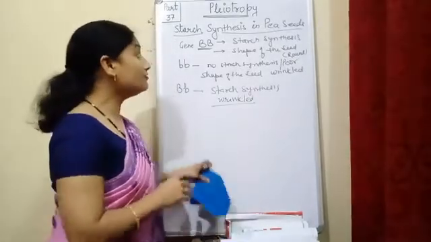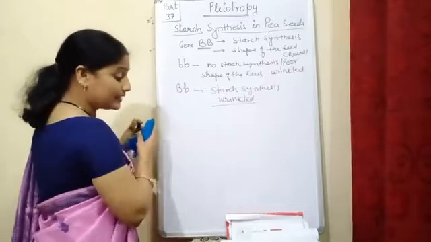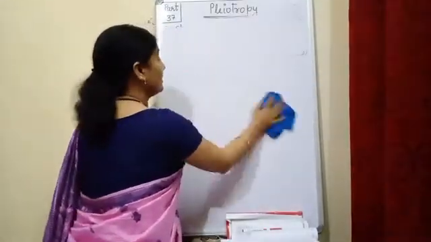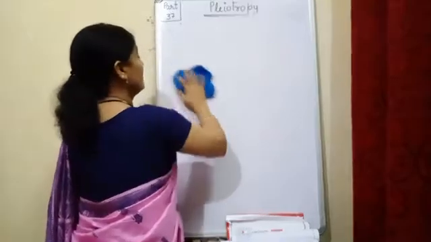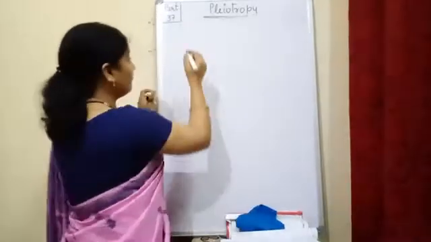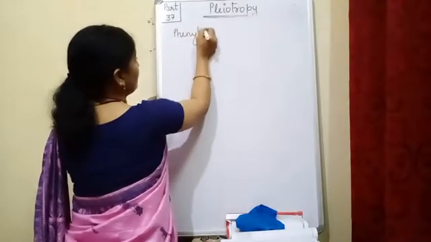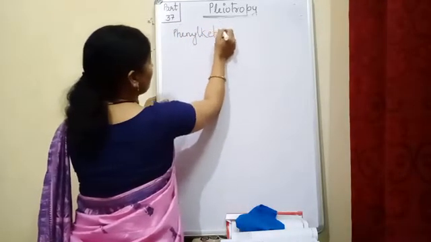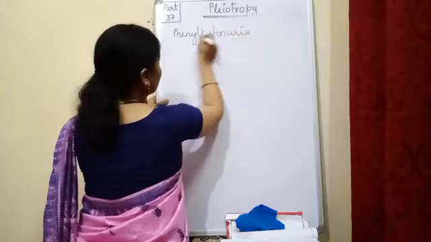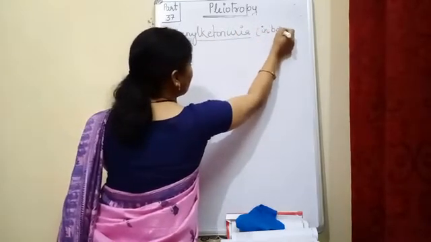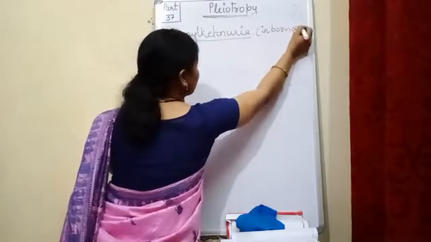Now we have one more example, and that is phenylketonuria. Okay. Now children, this is an inborn disease. Phenylketonuria. This is an inborn disease.